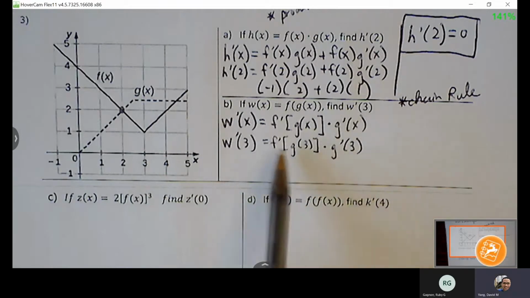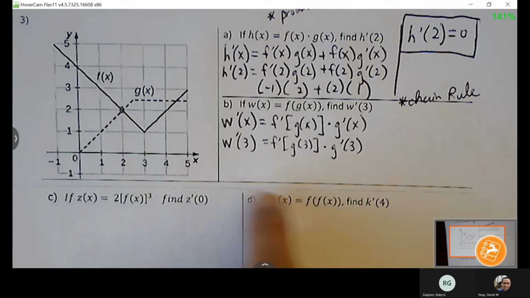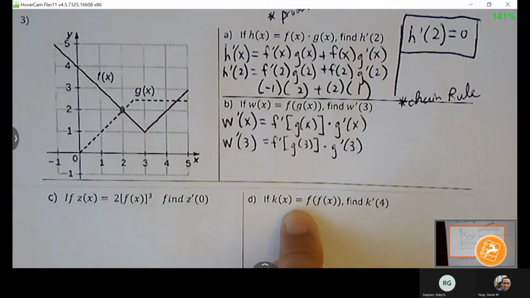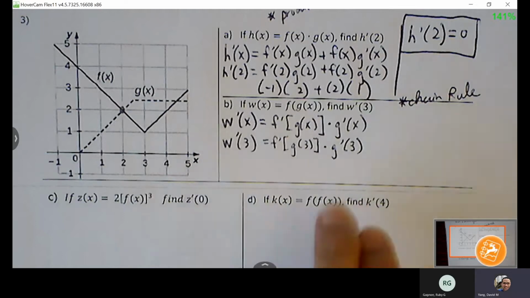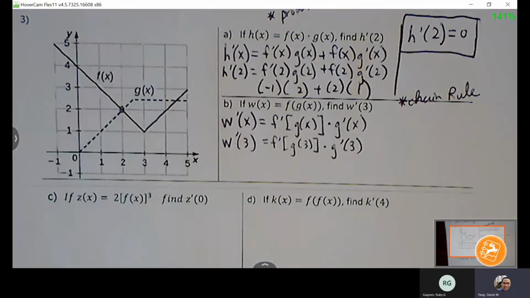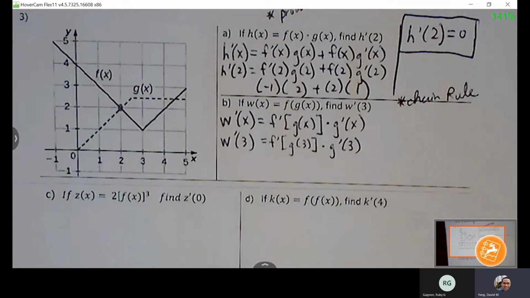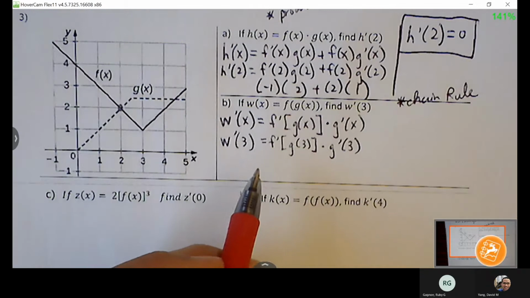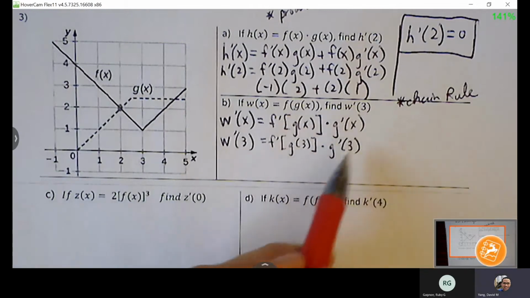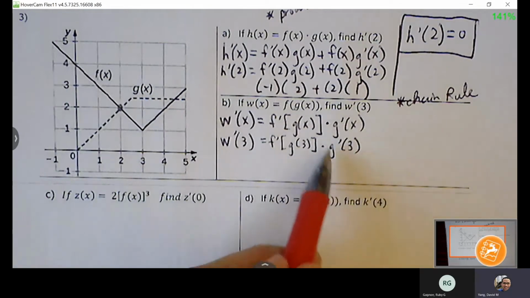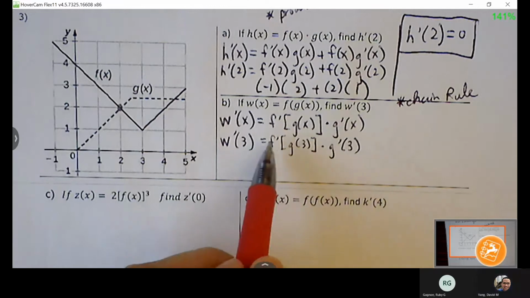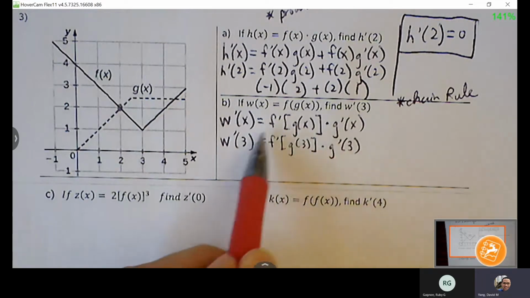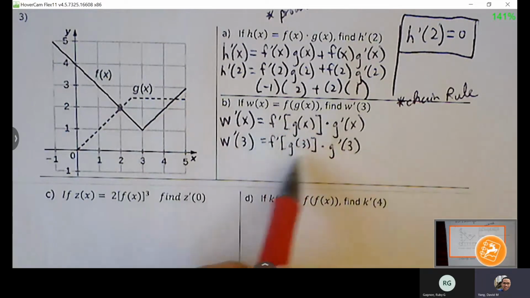What would you do next? We want to start replacing things and get it down to a numeric value. Where would you start? Okay, g prime 3, we can definitely do that. That is a standalone term. We can definitely find that value. What about here, though? What would you start with this messiness?